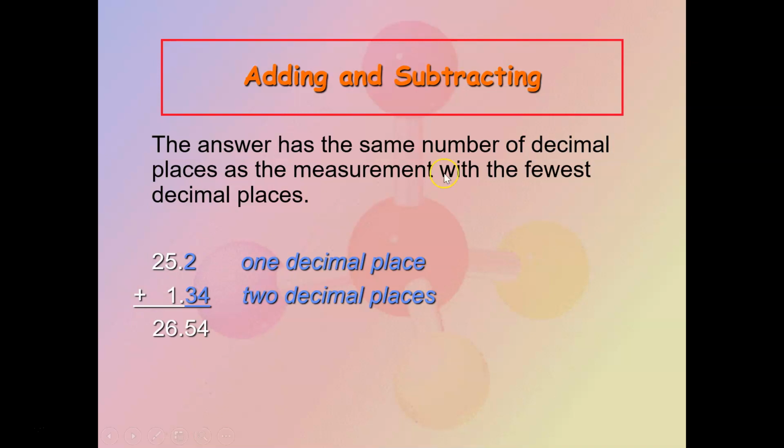But remember what we said, the answer has the same number of decimal places as the measurement with the fewest decimal places. So if I have 1, I have 2, 1 is the fewest, which means your answer is going to be 26.5 because it can only have 1 decimal place, and that 4 doesn't round up my 5.